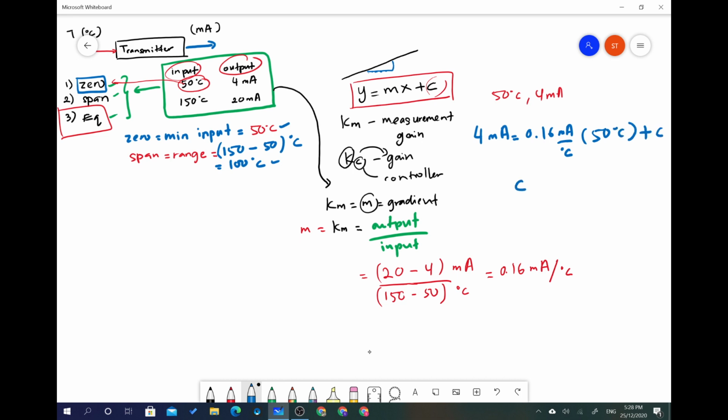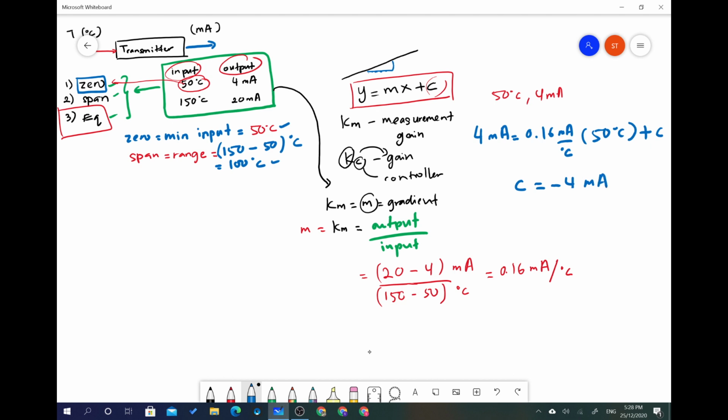So what is the value of c? Give me the answer. It's basically 4 minus 0.16 times 50. I got negative 4. So what is the unit for c? It should be milliampere, right?